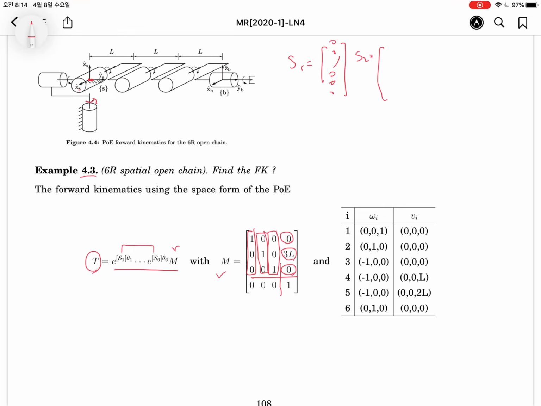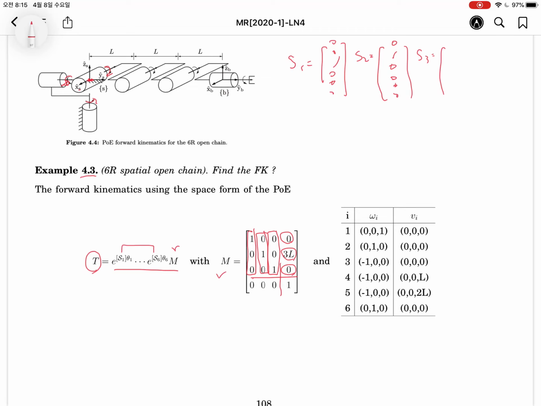S2: this rotational movement corresponds to the y-axis, 0, 1, 0. This rotation axis goes through the origin, so we have 0, 0, 0 as the linear velocity.